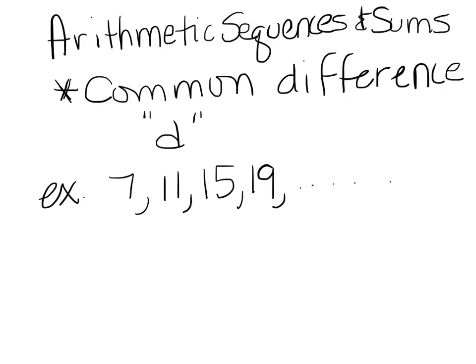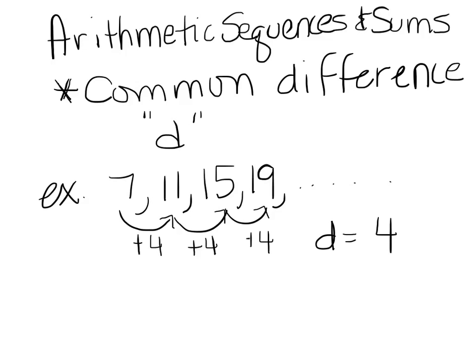You look and say, to 7 I add 4 and I get to 11. Then from 11 I add 4 and I get 15, and from 15 to 19 I add 4. So yes, we've done examples like this, and now we're going to give them the label that they're arithmetic. They have that common difference, D is equal to 4 here, okay?